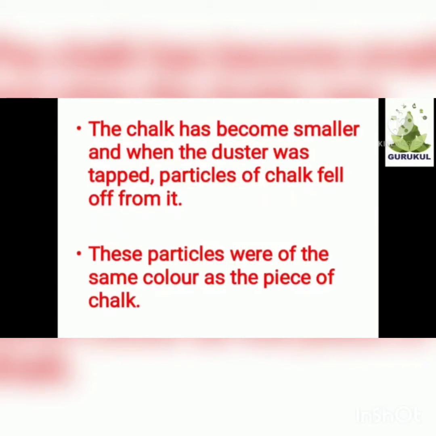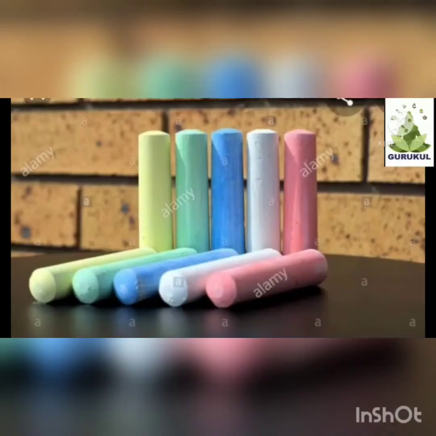And these particles were of the same color. In which color? Correct. It is white color, the same as the piece of chalk, because chalks are available in different colors.